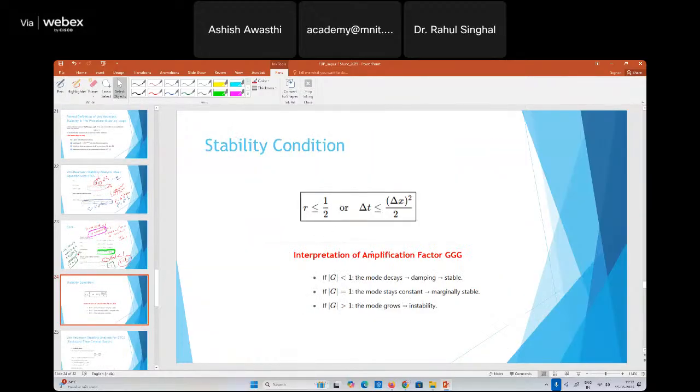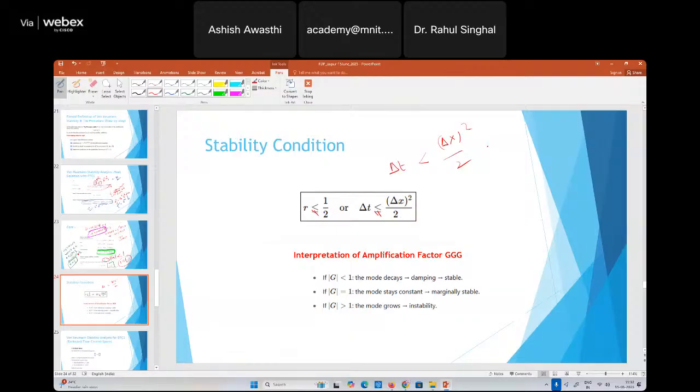Okay, so r is less than half. That means delta t, again equality is here because I made this error, so here also it is there. So r should be less than half. That means delta t should be less than delta x square by 2. So please note that if you choose your step size in this way, then this particular explicit scheme, which is known as the FTCS, will always give you a stable solution.